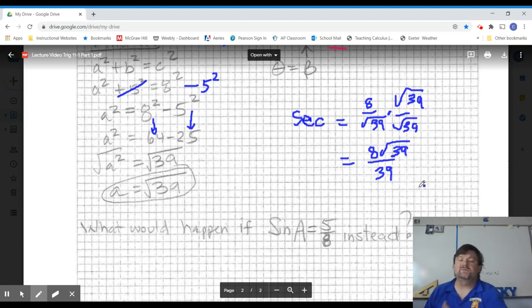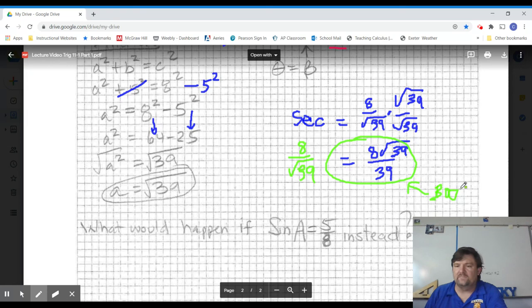The reason I show you that, guys, is because this one here is equivalent to 8 over the square root of 39. They mean the same thing. So a lot of times your book will have this answer here.